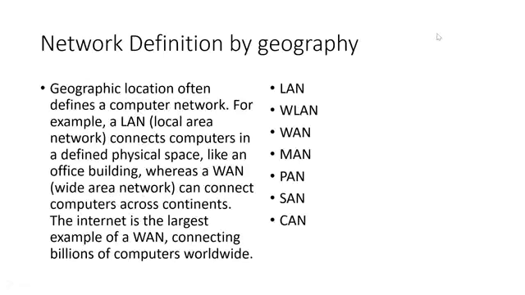Now, basically, there isn't one simple definition for networks. Networks can also be defined based on the geographical location of the network resources. So if you find yourself in an environment where there is a network that connects computer systems just within a single building or an office space, we call it a local area network.